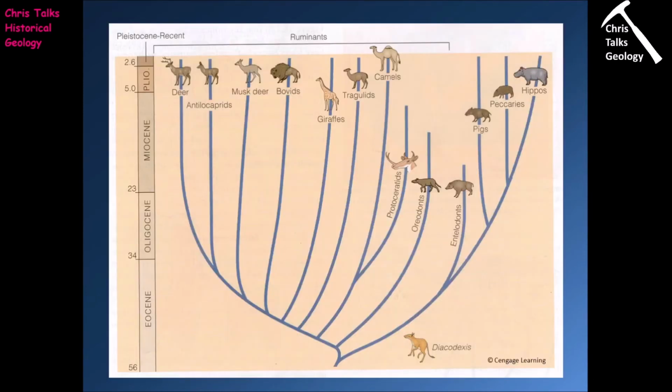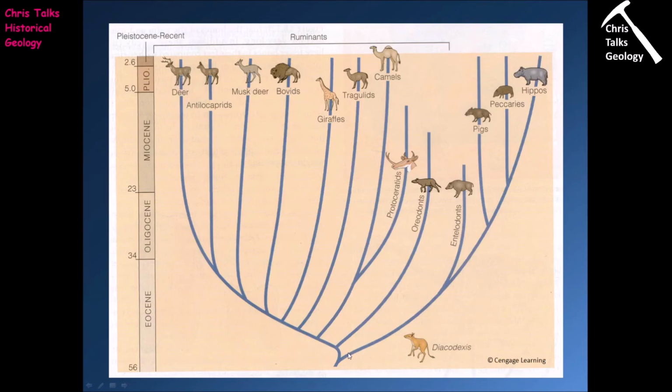So if we look at this figure, we can see a generalized diagram showing the evolution of the Artiodactyla. So of course down at the bottom here we have the common ancestor in the form of Diacodexis, and then we have one limb that comes over here to the left, and this gives rise to the ruminants. So of course these are all herbivores, and this includes animals like the deer, the bovids, the giraffes and the camels.